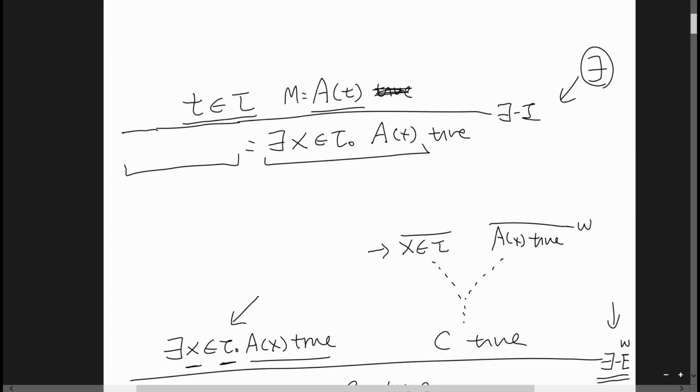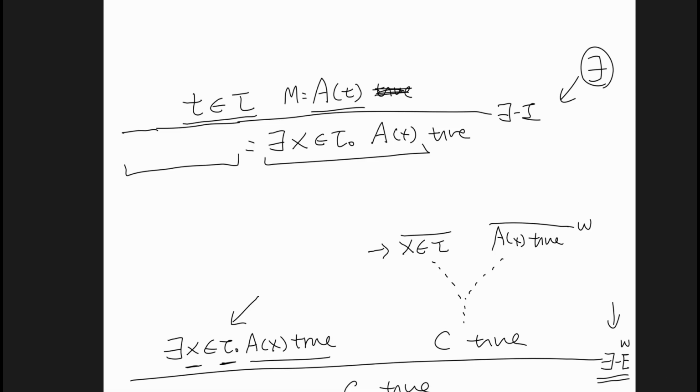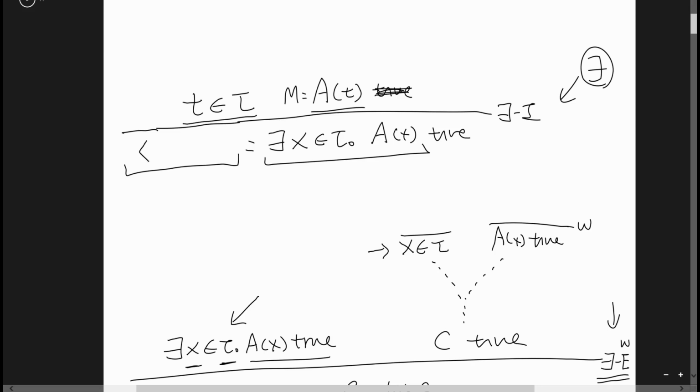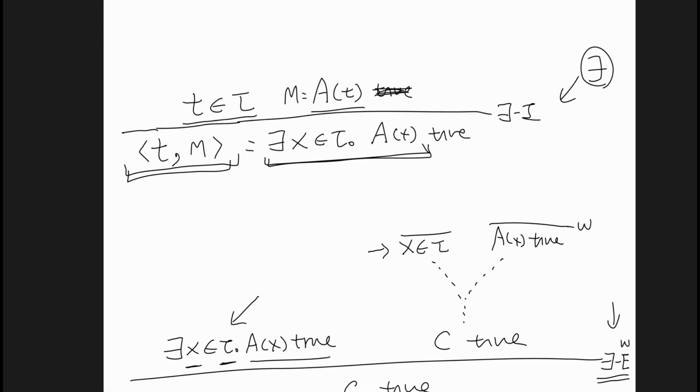And we decided to use this construct that looks like a pair. So we pair these two things up, the concrete witness t and its proof. So this is the proof term of existential type.